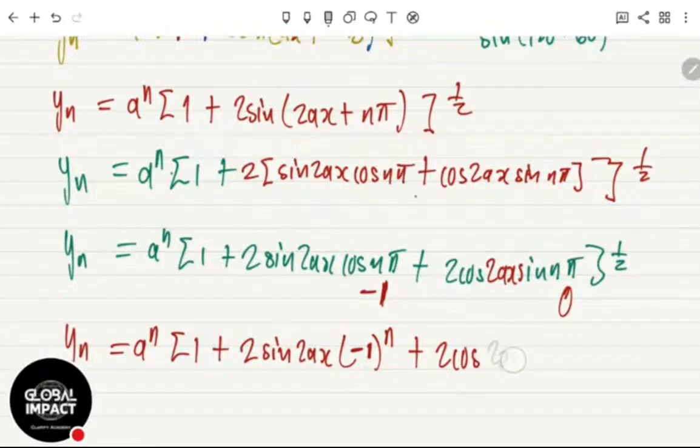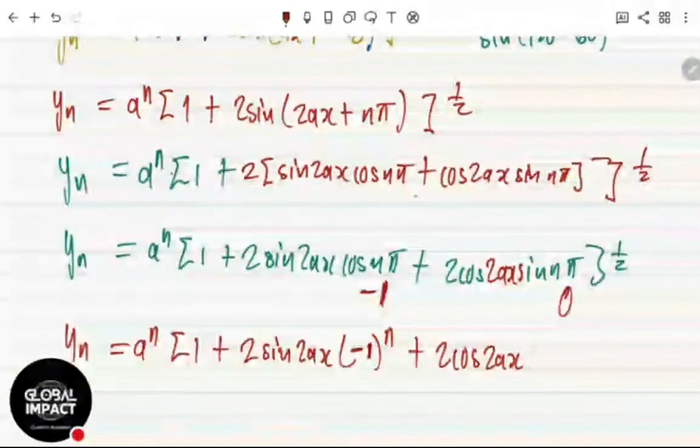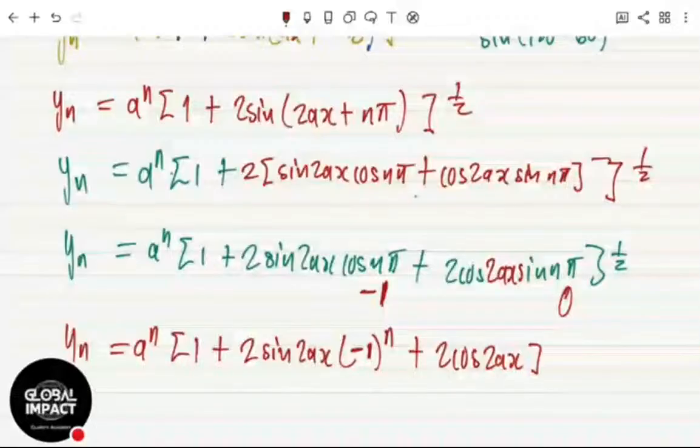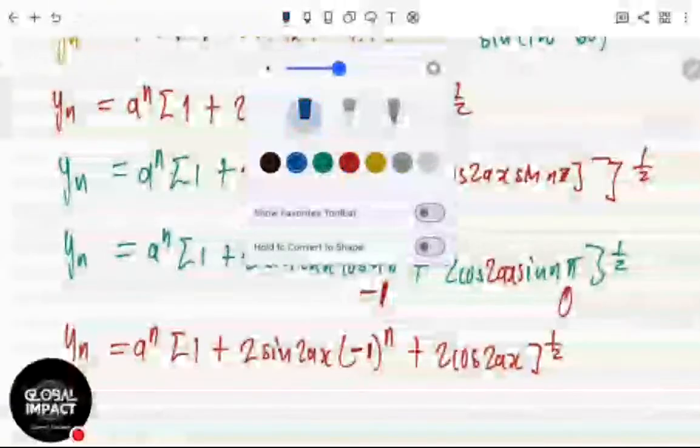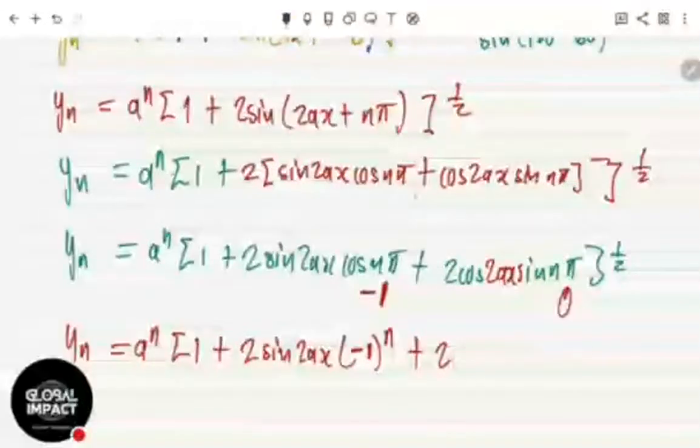Then sine n pi will become 0. So here we have it. And what would it now be? This is all to the power of half. And I should be able to simplify it, right? Remember that this was 0. You multiply by 0. This times 0 is 0. So here it will end up being 0. And it is the power of half.